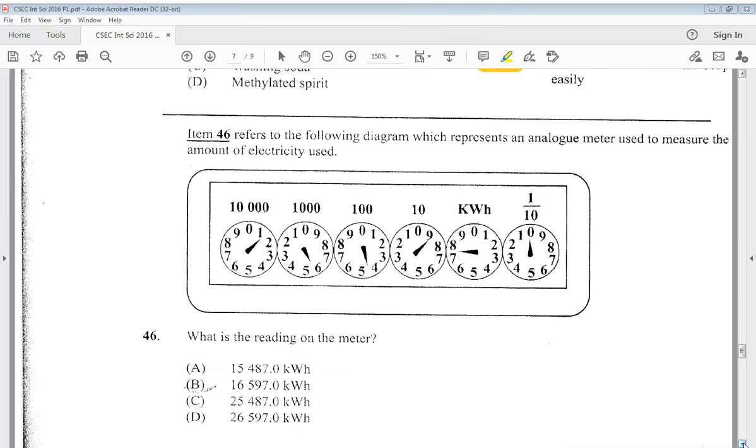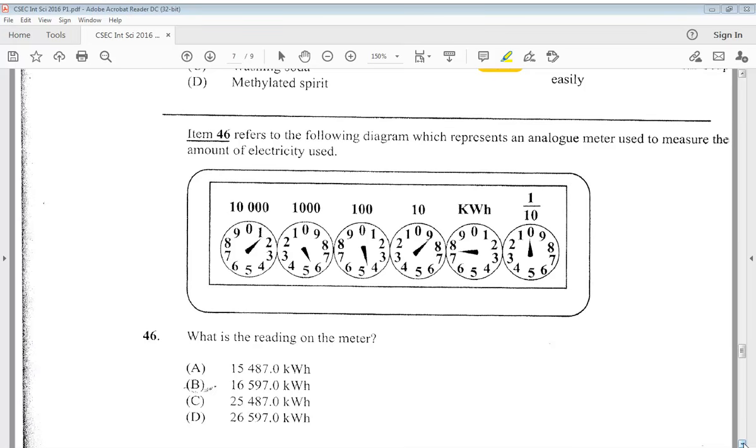46. Here we go. Item 46 refers to the following diagram, which represents an analog meter used to measure the amount of electricity used. Now, we did this one, didn't we? Yes, I think we did this one on the 2017 paper, if my memory serves me correct.